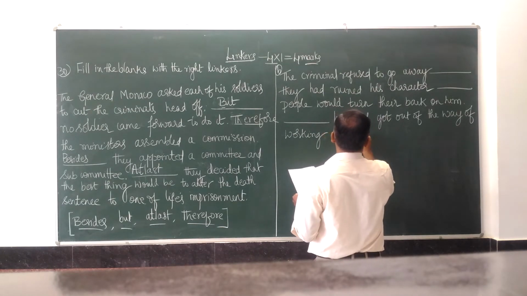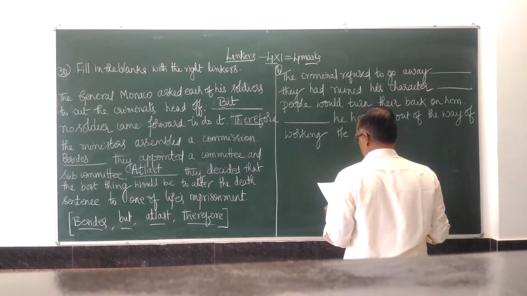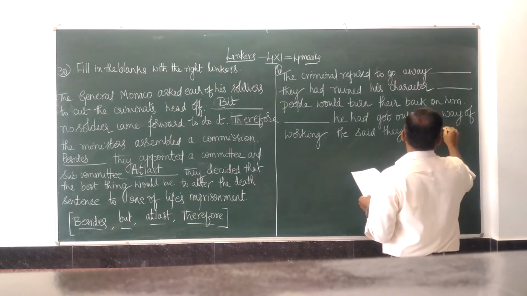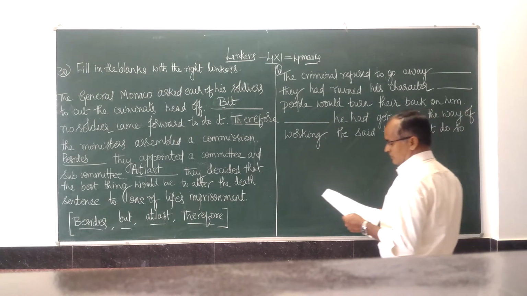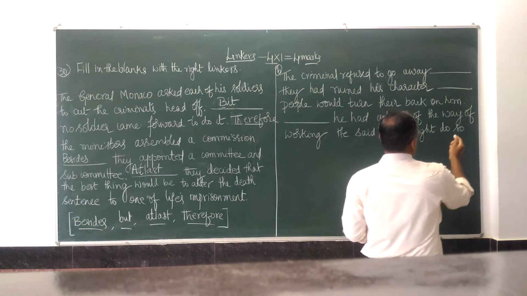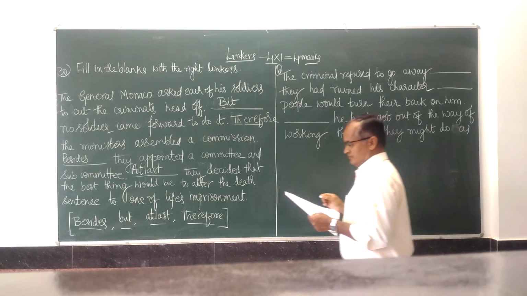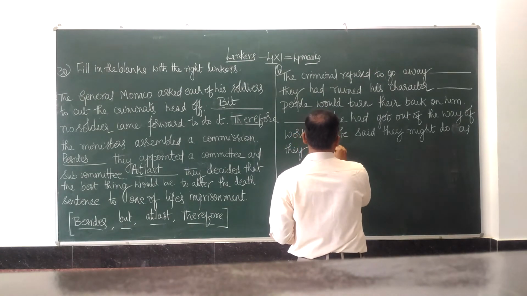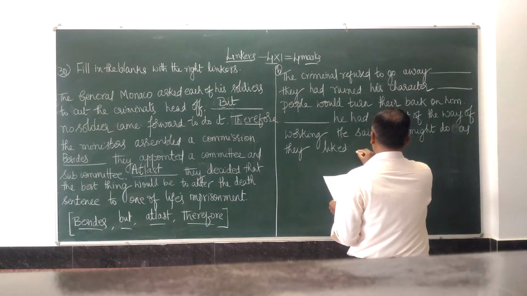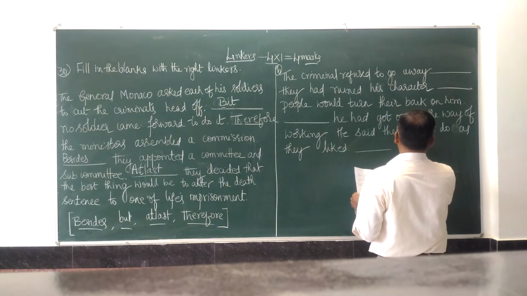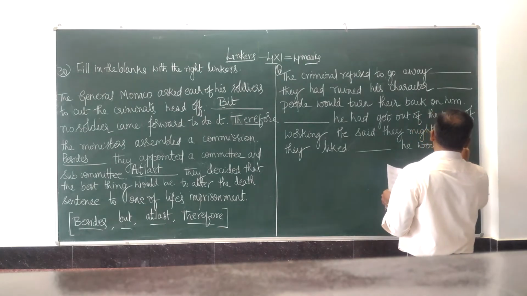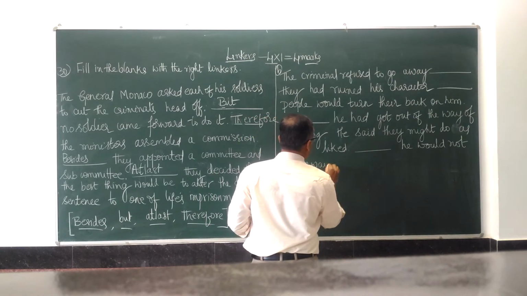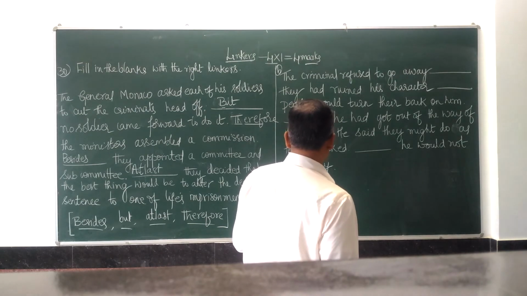He said they might do so. They might do as they like, dash, he would not go away. Okay, what are the options given here?